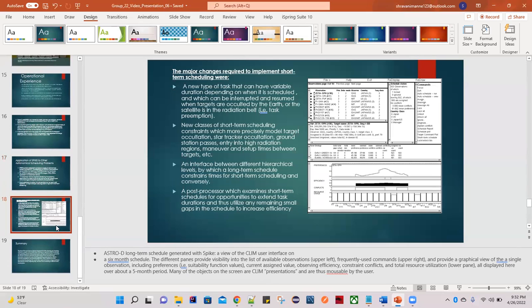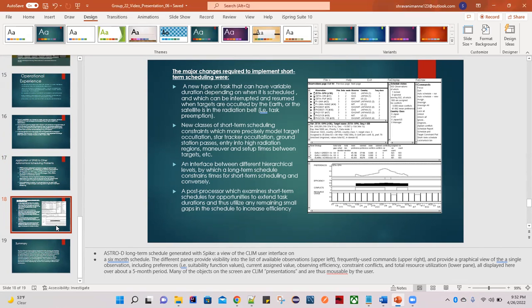The major changes required to implement short-term scheduling were a new type of task that can be of variable duration depending on when it is scheduled and which can be interrupted and resumed when targets are occulted by the Earth or the satellite is in a radiation belt. New classes of short-term scheduling constraints which more precisely model target occultation, star tracker occultation, ground station passes, entry into high radiation regions, maneuver and setup times between targets, and an interface between different hierarchical levels by which a long-term schedule constrains times for short-term scheduling and conversely.